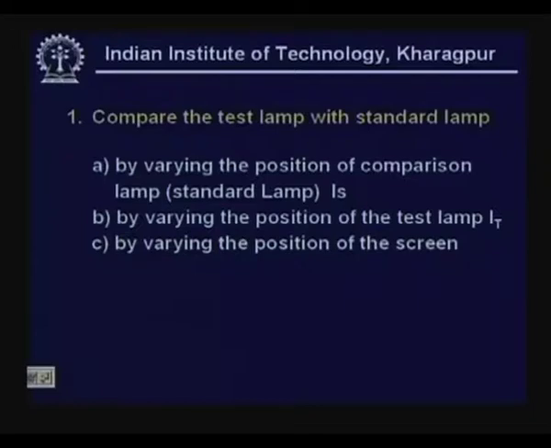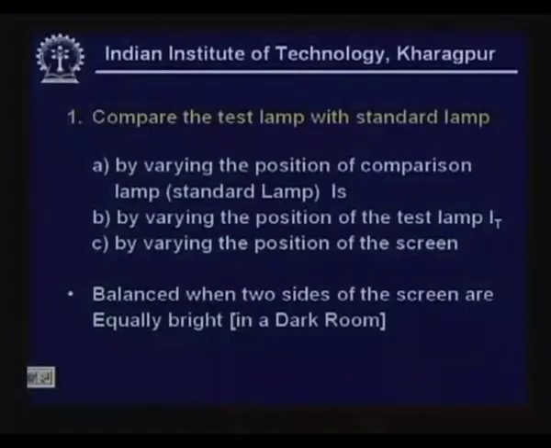What are we looking at? We are looking at the photometric head, which is nothing but an opaque screen, where the light radiation is of the same intensity. This is to be observed. So, we look at the brightness on the two sides of the screen and look for equal brightness on either side. What are we doing?